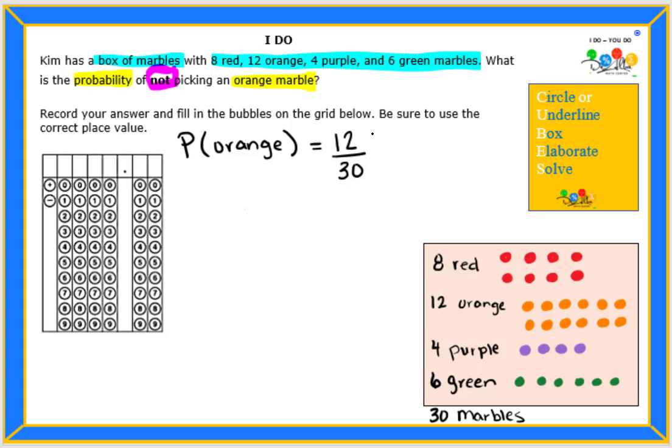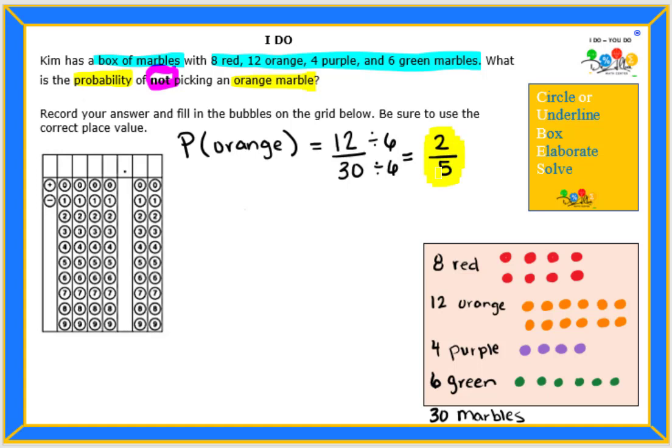So let's use 6. 12 divided by 6 is 2, and 30 divided by 6 is 5. So the probability of selecting an orange marble is 2/5.